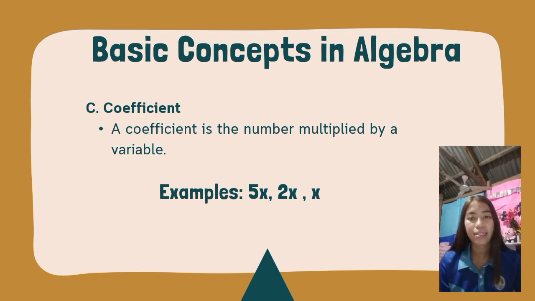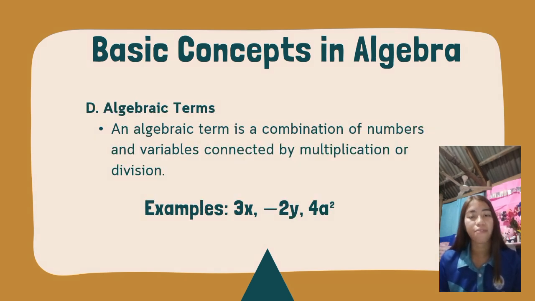In 5x, our coefficient is the 5 because we are going to multiply it to the variable beside it. Okay? And then 2x and then x. Of course, it is the rule in algebra that a standalone variable that doesn't have a number has an invisible one.